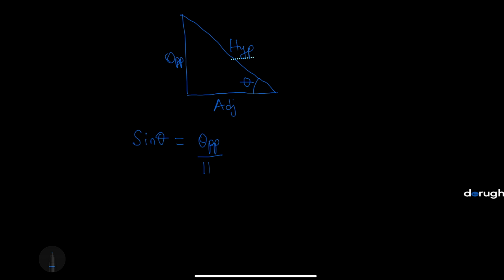Again, let's just state them out here, that if we have a right angle triangle with an angle theta, this is the opposite, this is the adjacent, this is the hypotenuse, then we have sine theta equals opposite over hypotenuse, cos theta equals adjacent over hypotenuse, and tan theta equals opposite over adjacent.